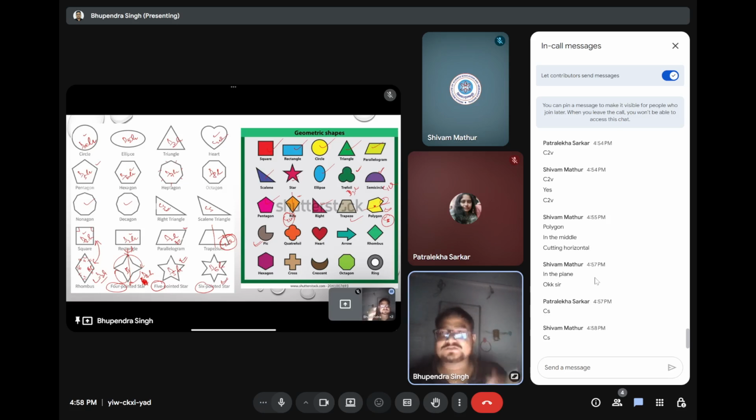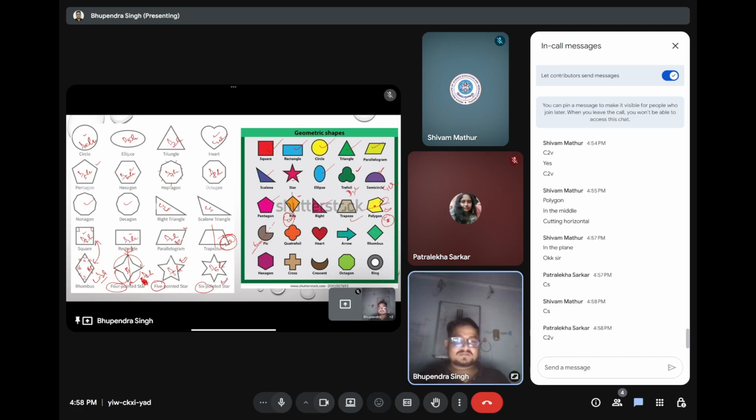Now this time C2 is present. See, this is a C2 in the plane. This is a C2. C2V is the point group, yes. These are very simple. You have to look closely and carefully.